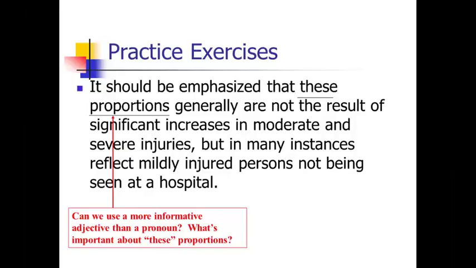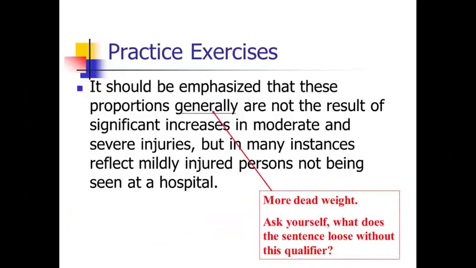But there may be a slightly more specific and more informative adjective we can use there rather than "these." So for example, I'm going to use "shifting proportions," because that reflects back what was in the earlier sentence about the fact that we have some kind of shift in the proportion of moderate and severe injuries versus mild injuries.